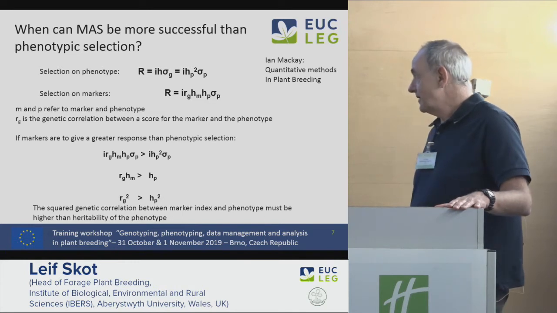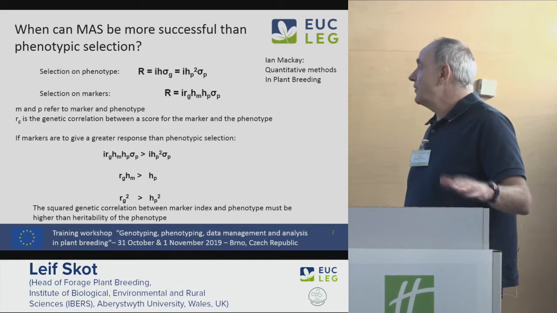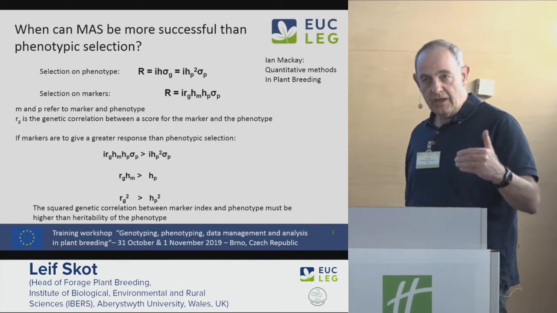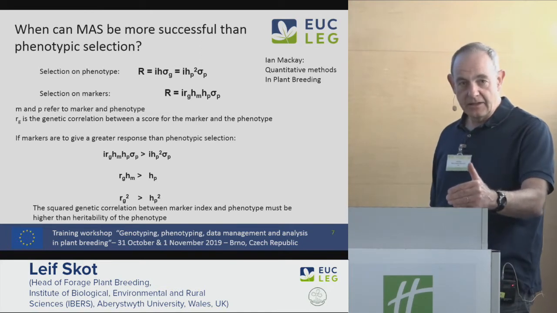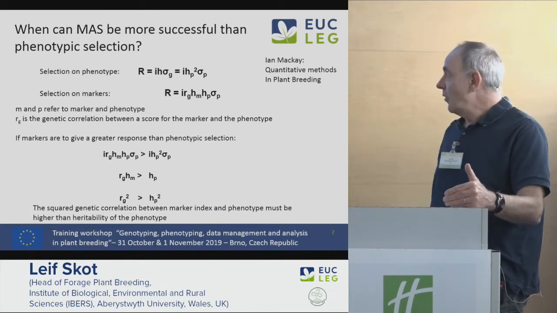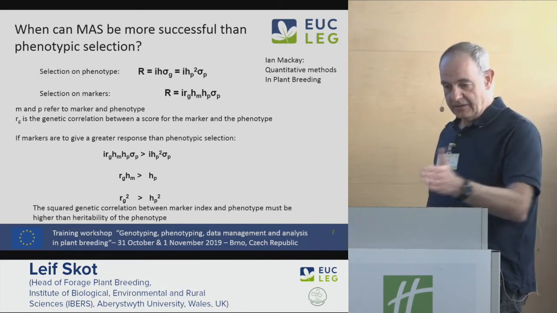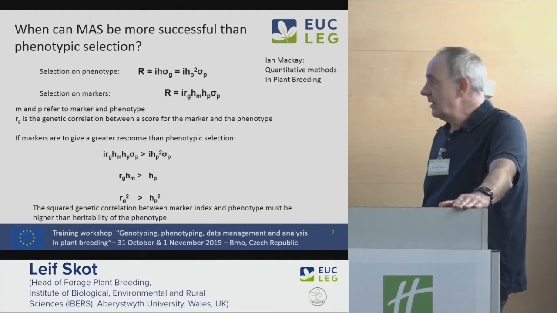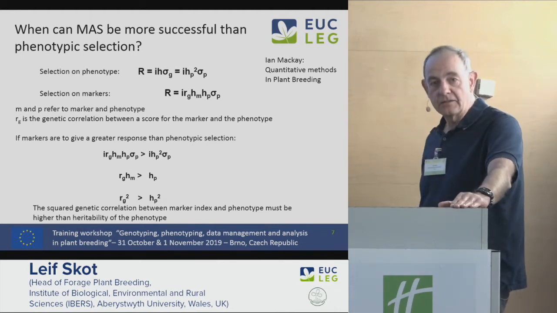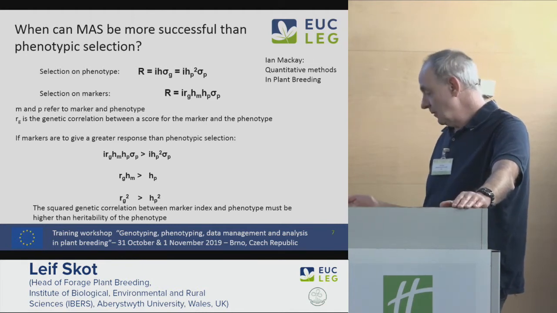If you have QTLs that are perfectly aligned with the markers, a marker at each of the QTLs that underlie the trait, and explains it totally, then marker-based selection will be unbeatable because the accuracy will be 1.